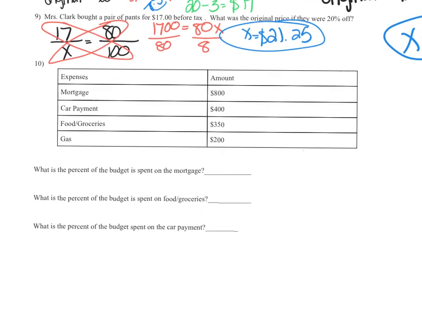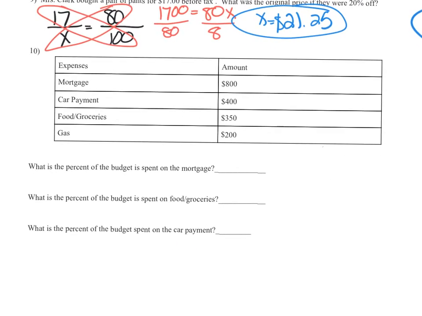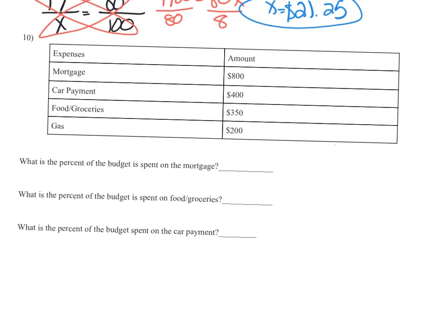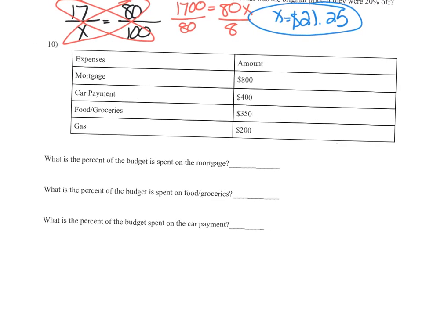So looking at number 10, we're going to do part over whole equals percent over 100. So on this first question, what is the percent of the budget that is spent on the mortgage?